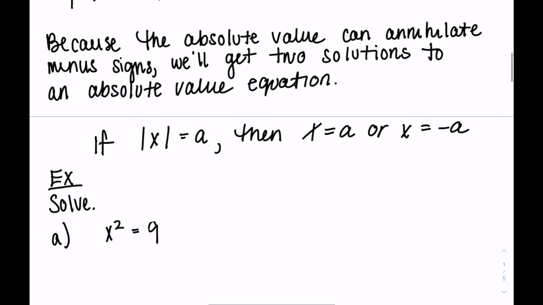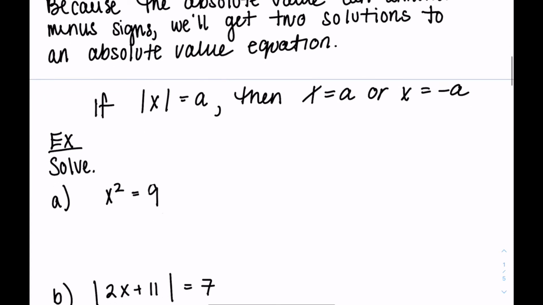So let's think of this with a square problem first. If you want to take the square root, we know we're going to get that plus or minus with it. And really that's because x squared is non-negative. So when you take the square root, you technically get the absolute value of x. So you get the absolute value of x is equal to 3. So you get two possible answers, +3 and -3.